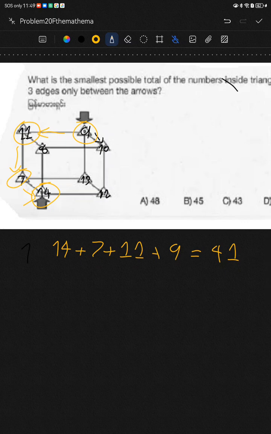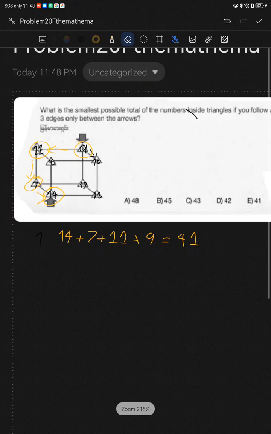It's addition, you add them together. And out of these, 41 is one of the answers, which is E. And that's it for problem 1.